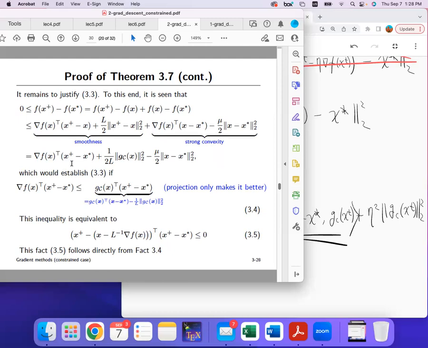So we just need to show this inequality. It tries to bound this dot product term by another inner product term where the gradient is replaced by the generalized gradient. So basically, if we replace the gradient by the generalized gradient, the dot product will only be bigger. If we can show this, then we are done.